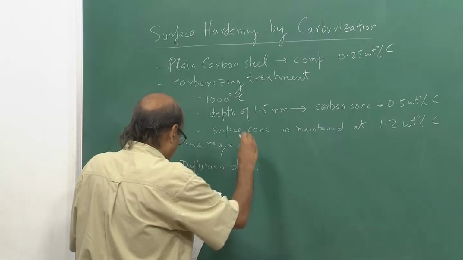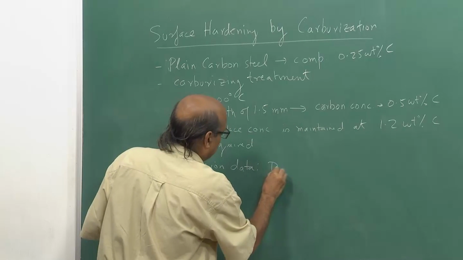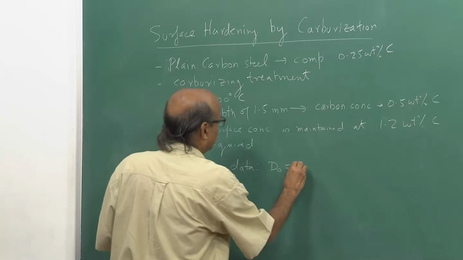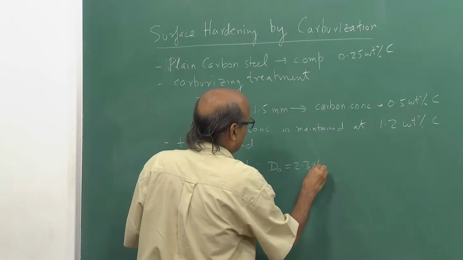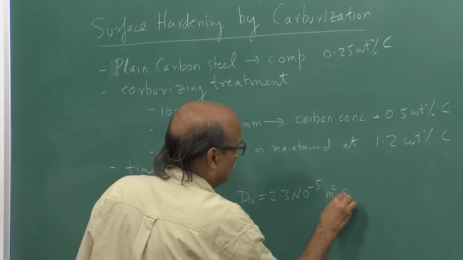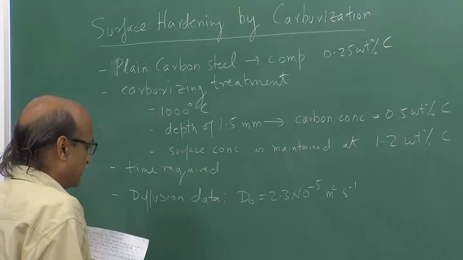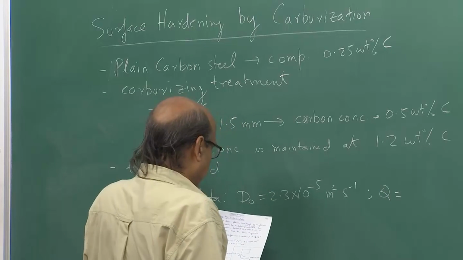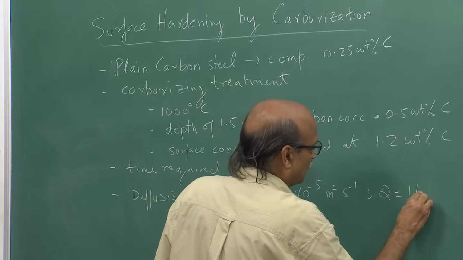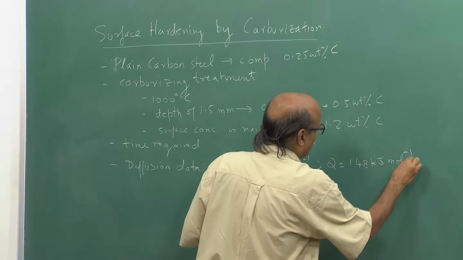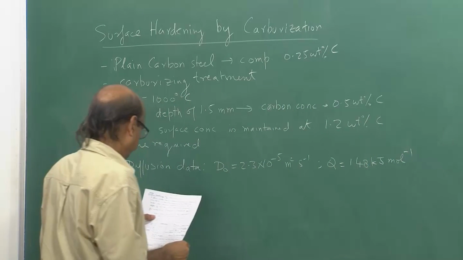For that, D0, the frequency factor, is 2.3 times 10 to the power minus 5 meter square per second. The activation energy for diffusion is 148 kilojoules per mole.